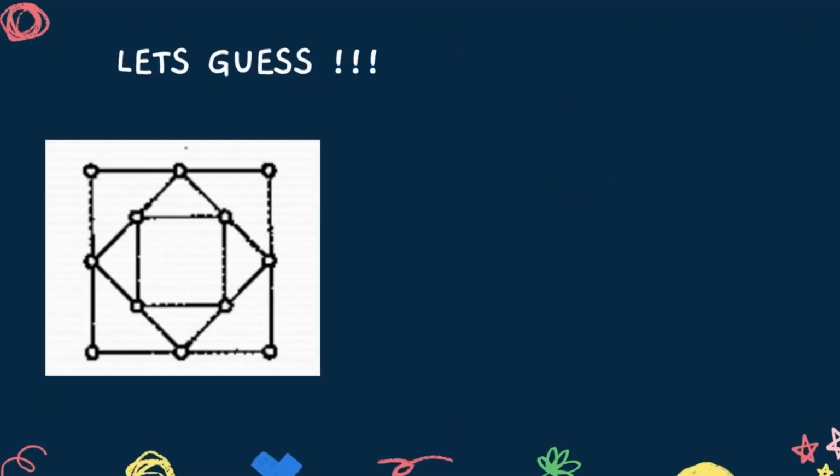So we're going to put labels on this graph to make it easier to understand: A, B, C, D, E, F, G, H, I, J, K, L. As usual, we need to find the degrees first, whether they are odd or even.